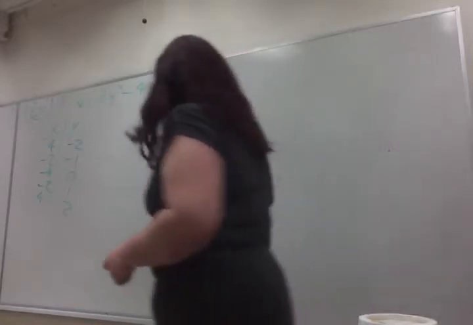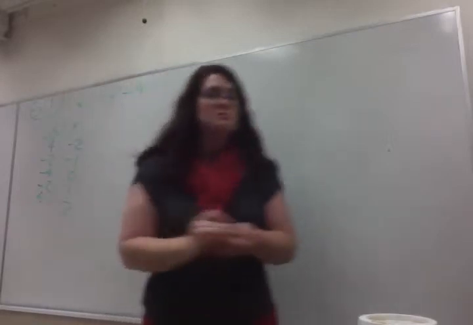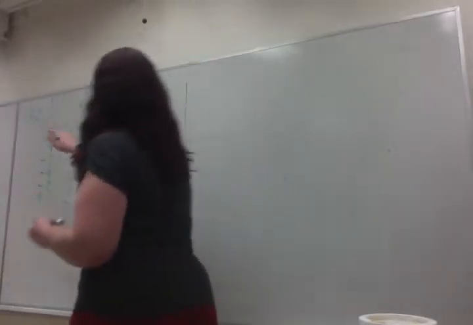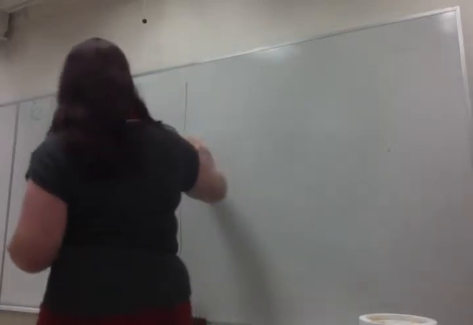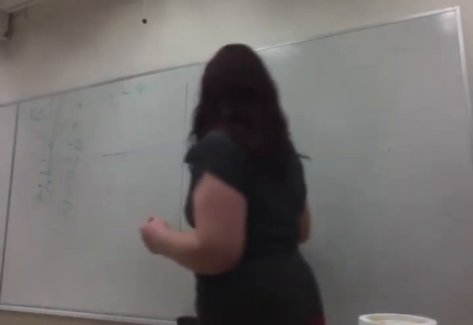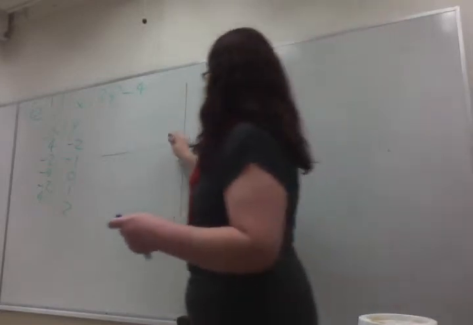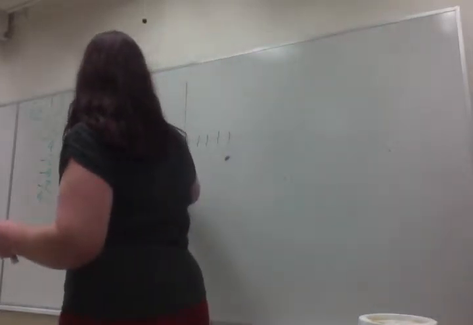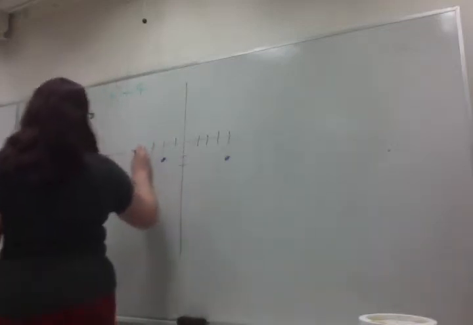And once you have a table of values like that, you can sketch the graph by just plotting points. So, when y is -2, x is 4. So we get a point here. When y is -1, x is -2. When y is 0, x is -4. When y is 1, x is -2. And when y is 2, x is 4.